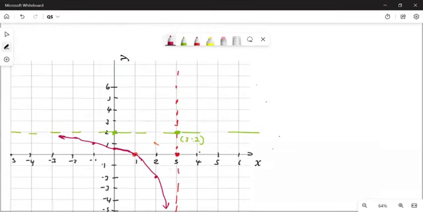Let's go to 4. What do you get for 4? 4 goes with 6. Okay, we can say 4 goes with this one here, which is 6. And then what do we have for 5? 4. And then what do we have for 6? 3.3.